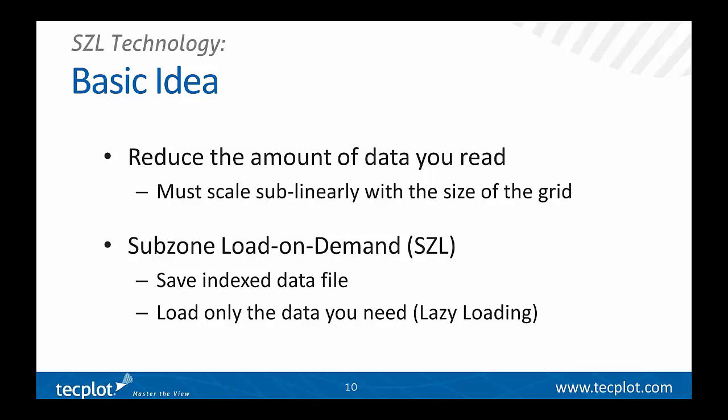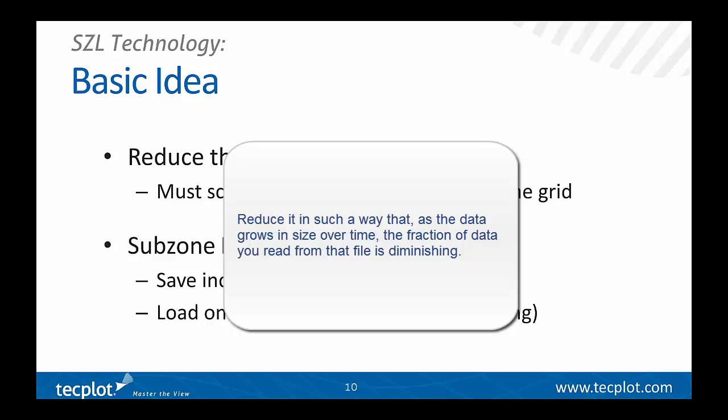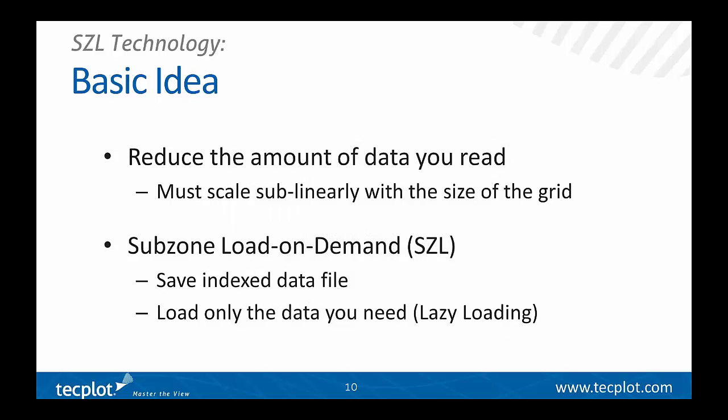Basically, you need to reduce the amount of data you read from the disk. Somehow reduce it, and be reduced in such a way that as the data grows over time, the fraction of data you read from that file is diminishing. In other words, it's scaling linearly over time with the size of the grid.